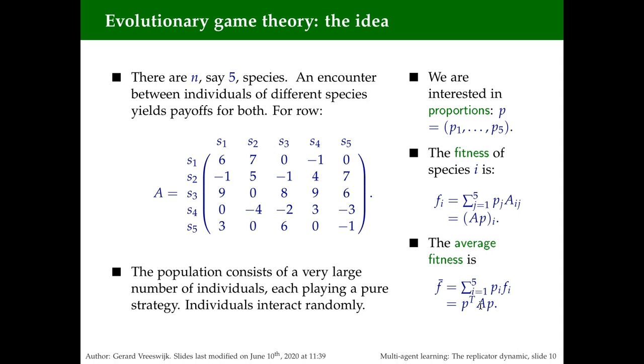So this is basically multiplying the ground table or the score matrix A with the proportion vector, and then you have a vector here, and then you compute the inner product of the same vector, but then the horizontal vector, the transposed vector, with the result vector here, and you get a scalar, and that's the average fitness. The average fitness is just a weighted average of the fitness.